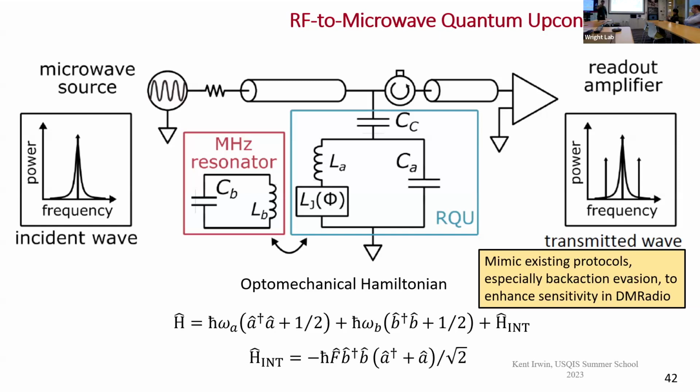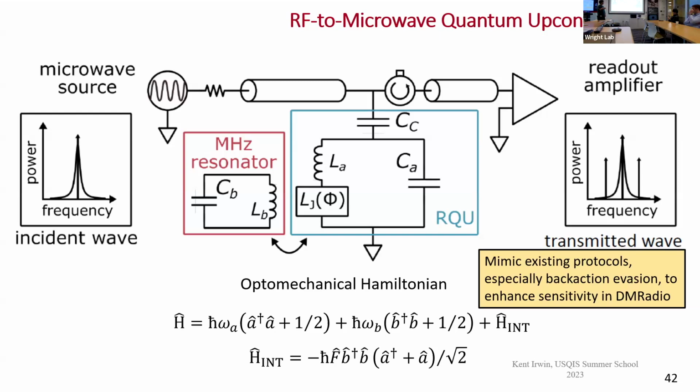Some of you who might have worked on Simons Observatory might notice the similarity to the microwave SQUID. This is very much a re-optimized microwave SQUID, optimized to execute the optomechanical Hamiltonian. Like LIGO-inspired quantum sensing, essentially.